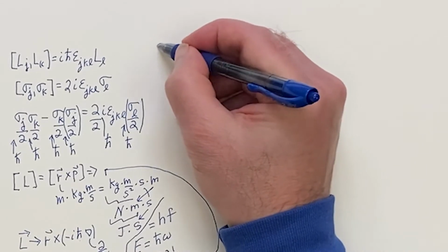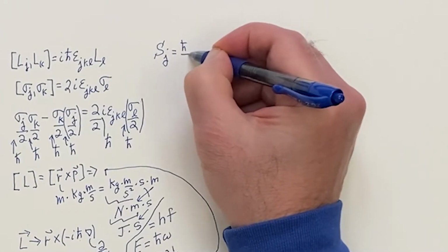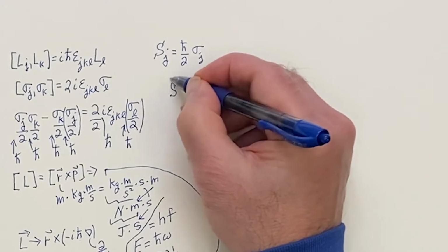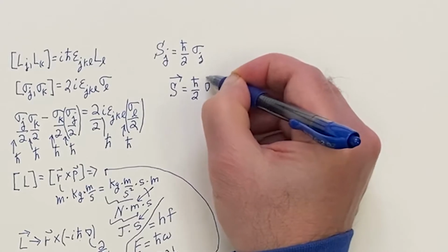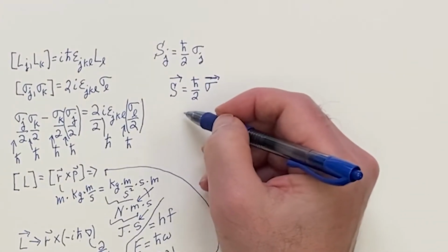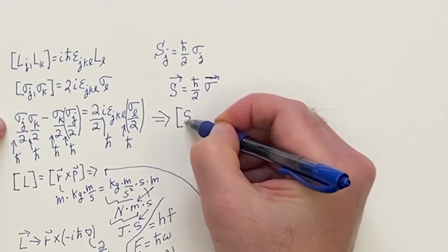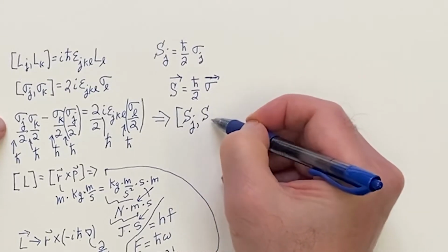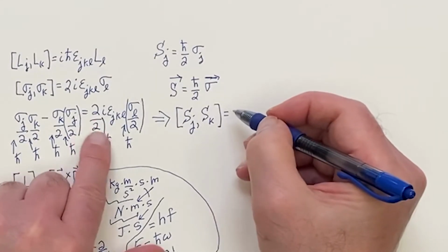So they're the same. So therefore this justifies what we're doing there. Then we can now write the S_j as h bar over 2 sigma_j, or you can write this as a vector, and then you have a vector on the right hand side for the Pauli matrices x, y, and z. Then, see, if you put the j for the s, and say here the k, now the 2's go away.